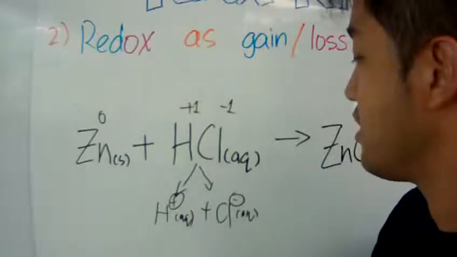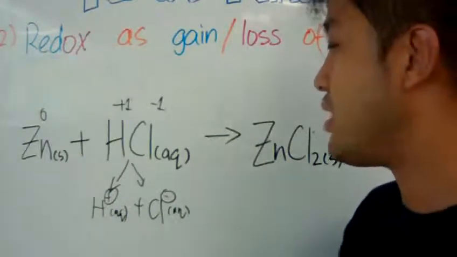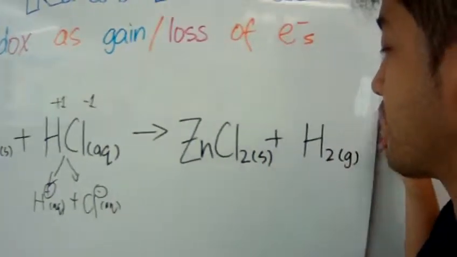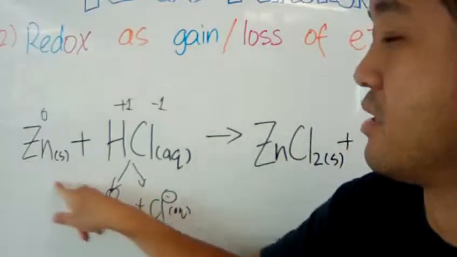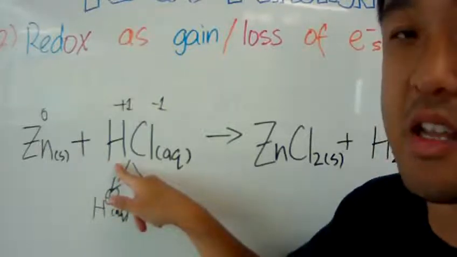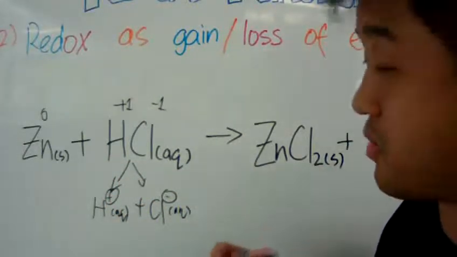All right? So as this is undergoing a chemical reaction, what is happening? Well, zinc is going to displace hydrogen to make zinc chloride. Right? This is a displacement reaction.